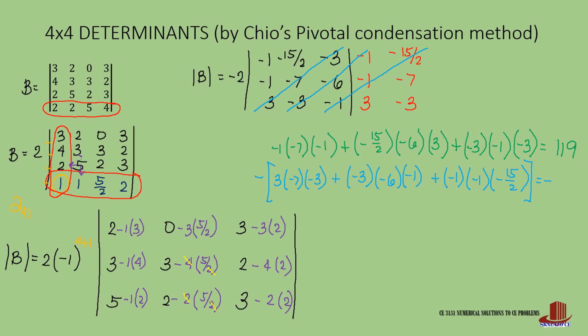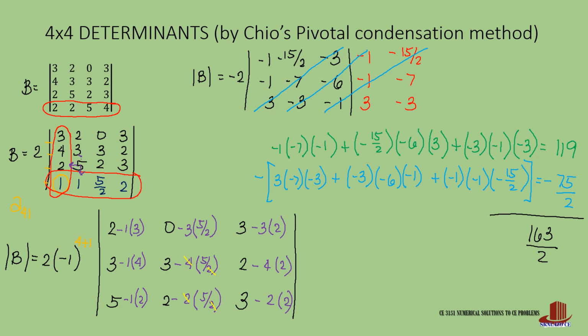This would give us 75/2. So 119 minus 75/2 would be given as 163 all over 2.